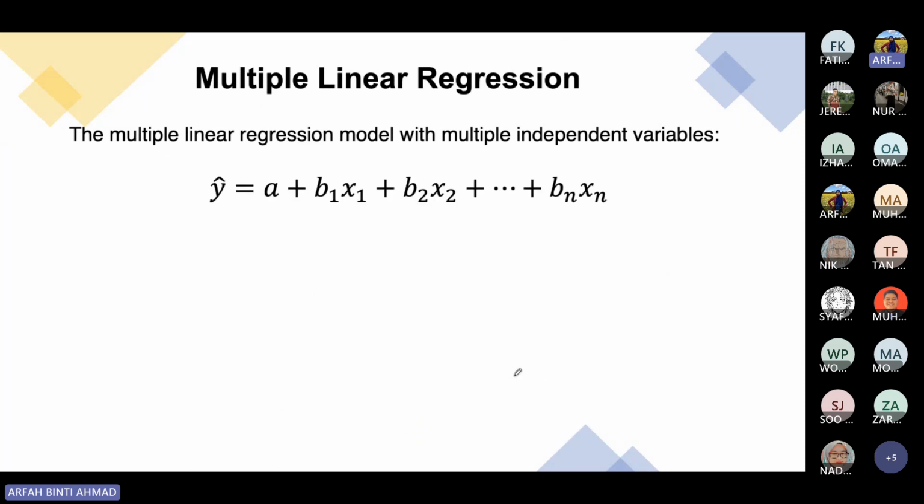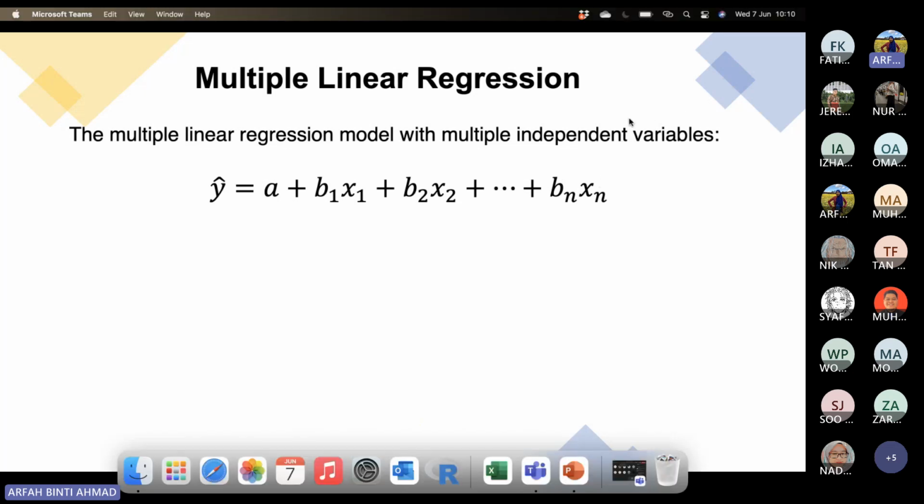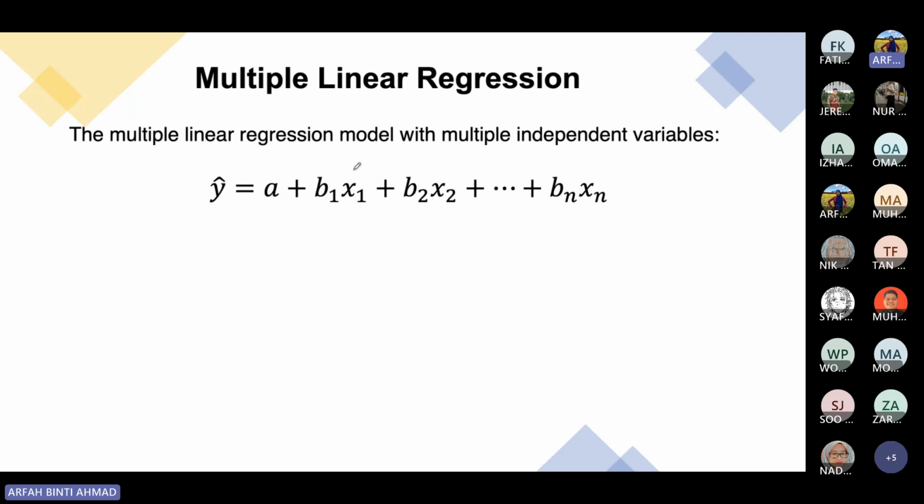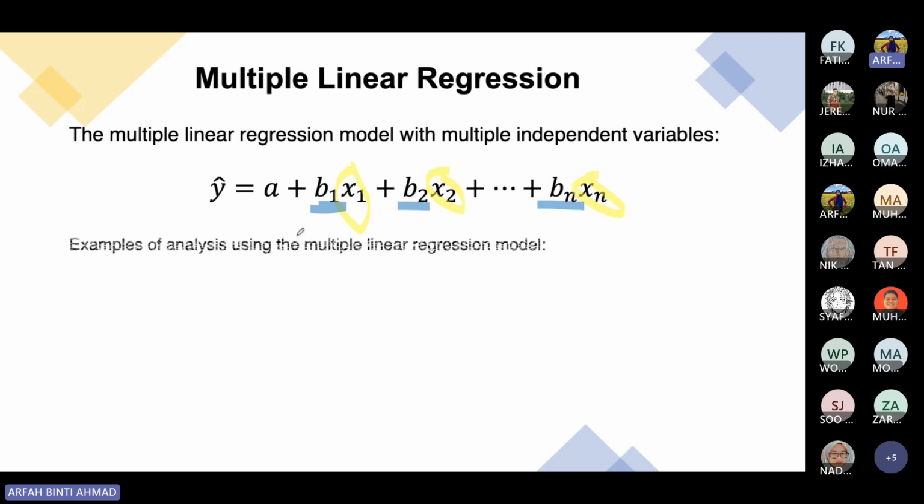This will be the basic model for multiple linear regression. So you have x1, x2 up until xn, and each b over here is the coefficient to the associated independent variable, b1, b2 up until bn xn. a is the intercept, as always.